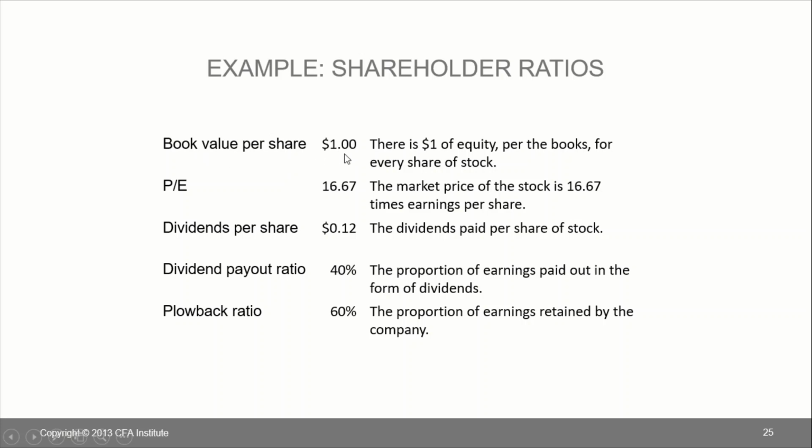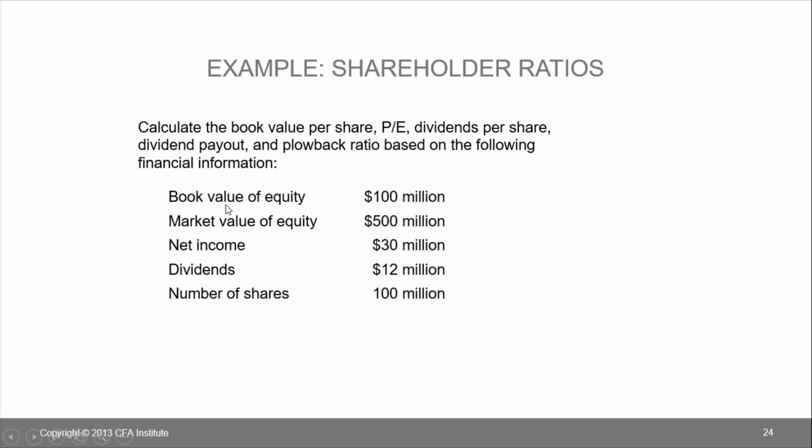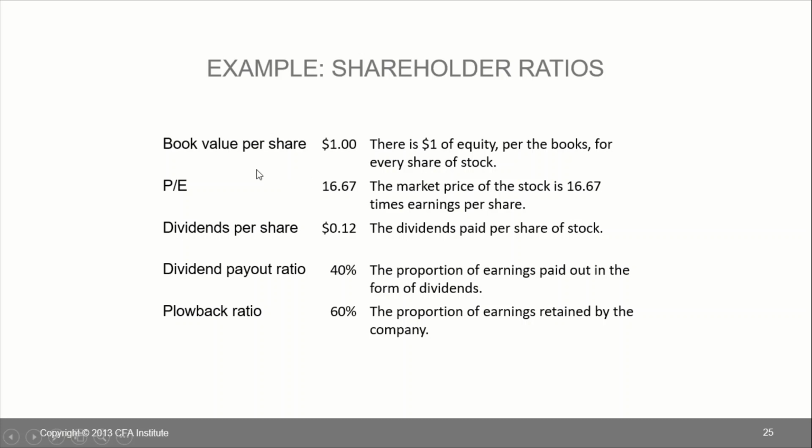So it only means that, if we're looking at the book value of the equity, this is the amount of total equity that is stated on the balance sheet. The value of the share is $1.